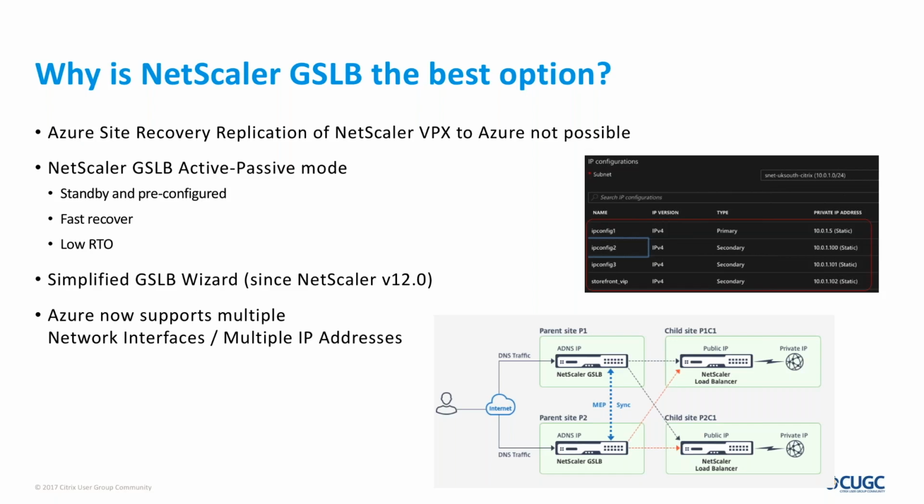It will guide you through setting up your site services, vServers, and domain names, and also your ADNS service, which you can see in a demo that will get sent out by Stephanie post this webinar. Also, Azure now supports multiple network interfaces and multiple IP addresses on virtual machines in Azure, which is the reason that GSLB is possible now, and you can use Azure as a viable disaster recovery option.